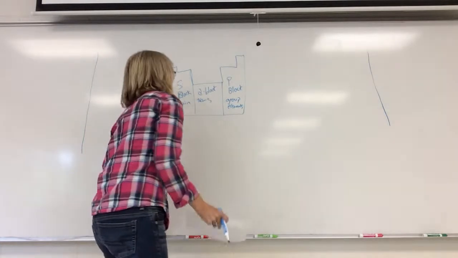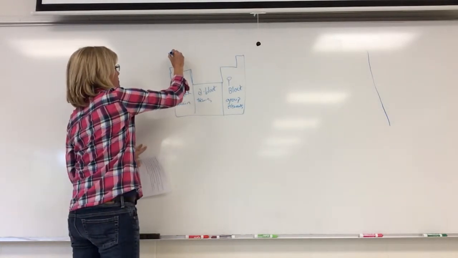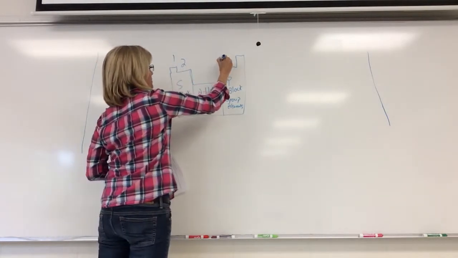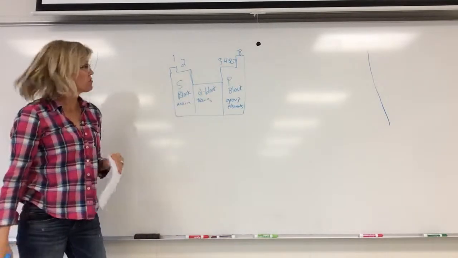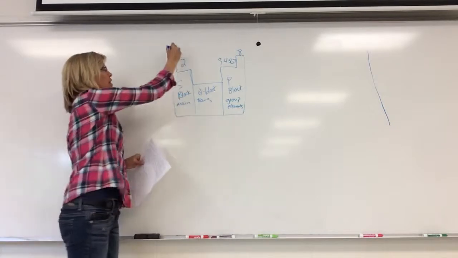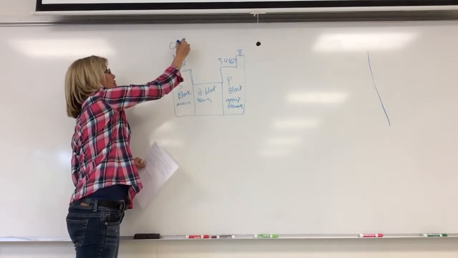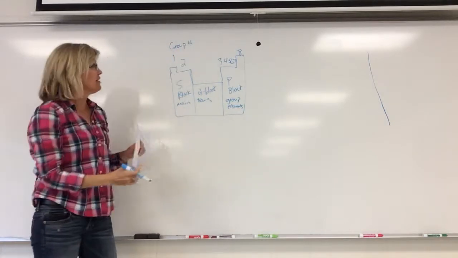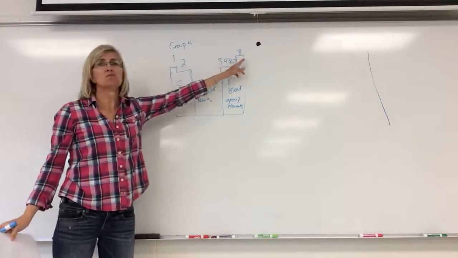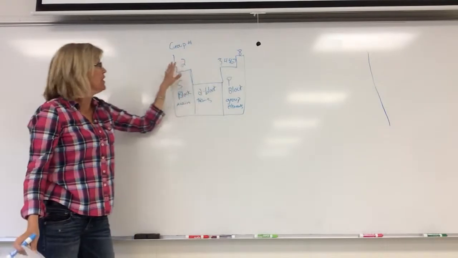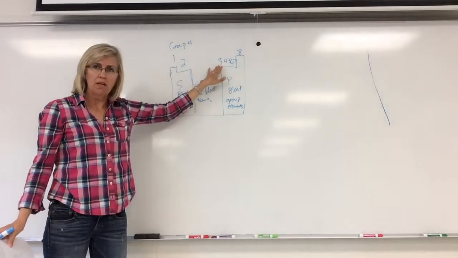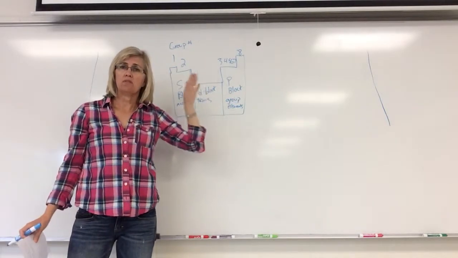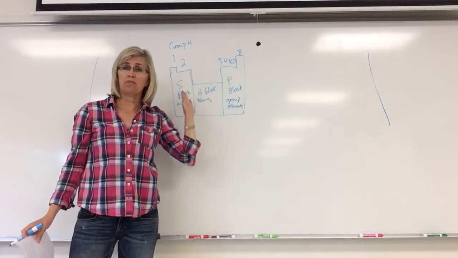So let's look then. Generally speaking, we can take the group number and identify how close it is to that octet. So in group 1 and group 2 and group 3, they will usually lose those 1, 2, and 3 valence electrons.